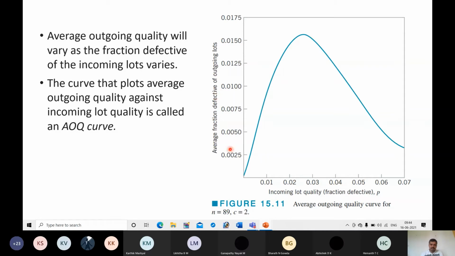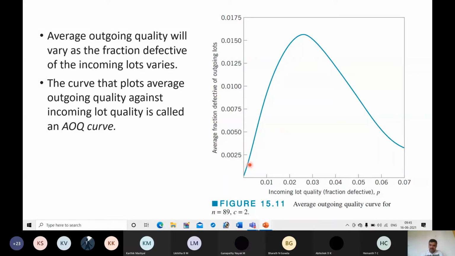Here you can observe that if the quality of the incoming lot is good, meaning the number of defectives is less, then the average fraction defective of outgoing lots will also be less.